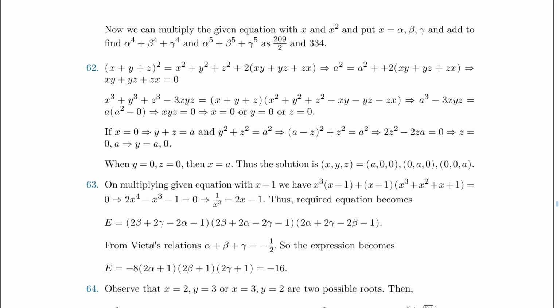So the given expression becomes minus 8 into (2 alpha plus 1) into (2 beta plus 1) into (2 gamma plus 1). Now we know the values of this from here. So when you evaluate, it becomes equal to minus 16.